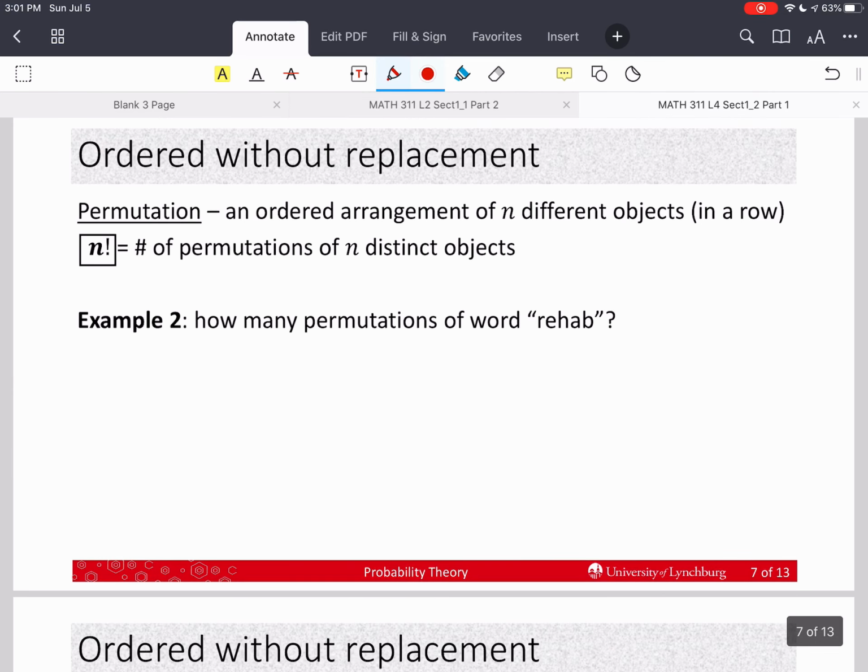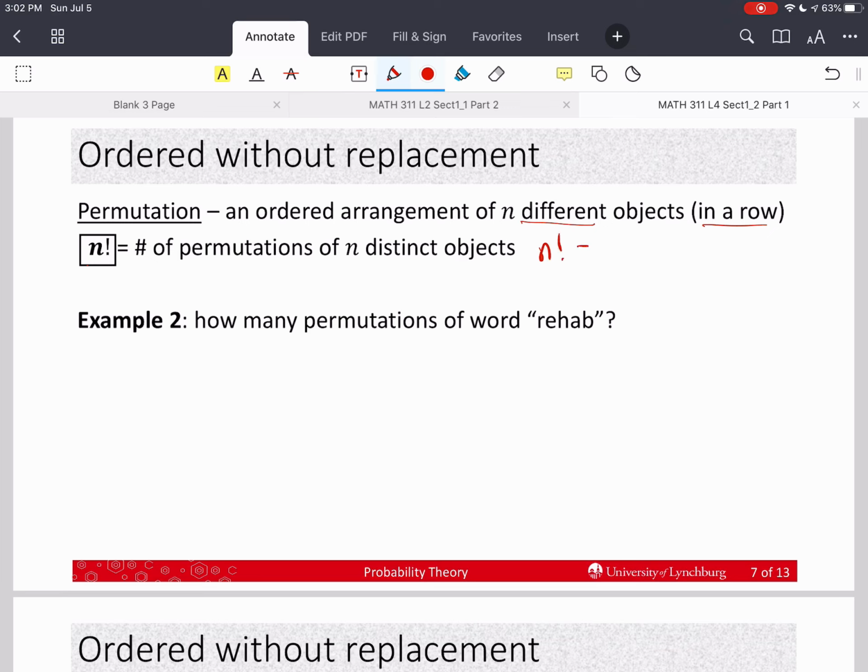Now, we're going to talk about ordered without replacement first. So we care about the order. The order of something is important here. So we define a permutation as an ordered arrangement of n distinct objects, and we can say in a row if you like. Now, we can count the number of permutations of n distinct objects, and that's going to be n factorial.